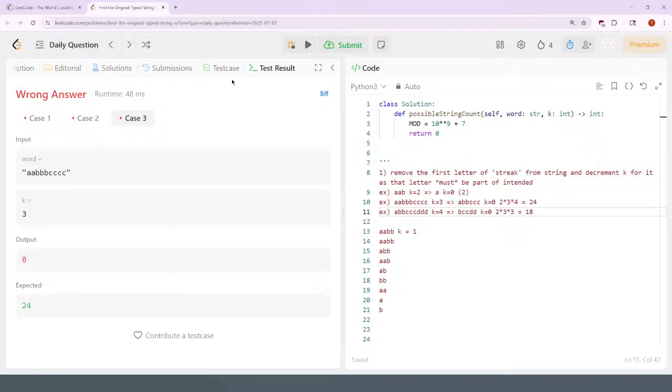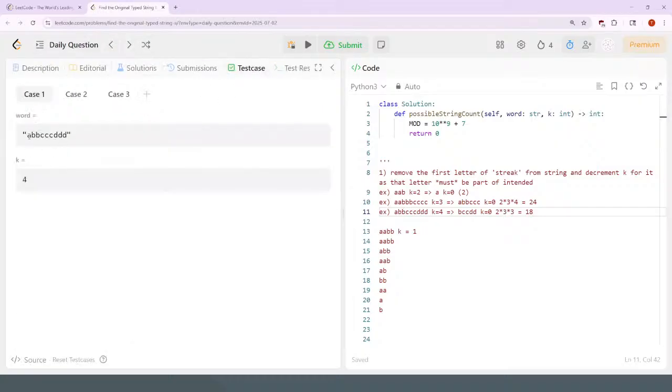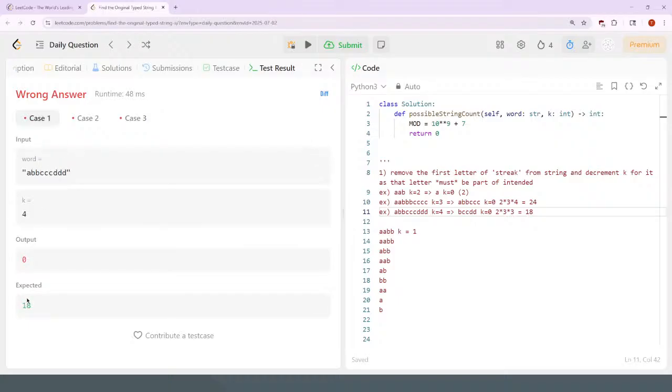Oh, whoops, I meant the first A should be, actually, did I edit the wrong one? A, B, B, 3 C's, 4 D's. Okay, it's 18, I was looking at the wrong test case.